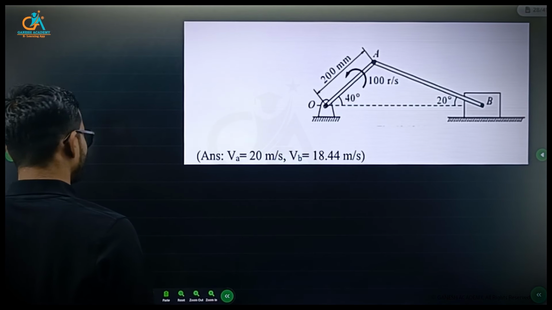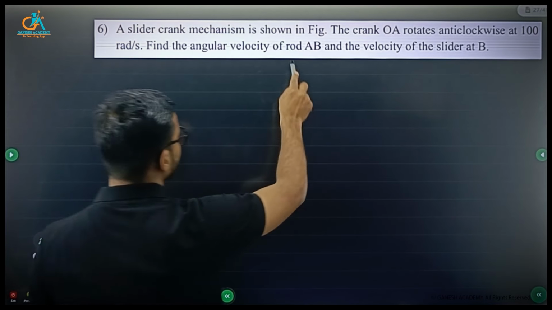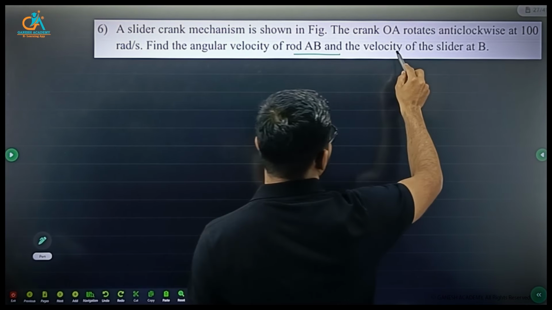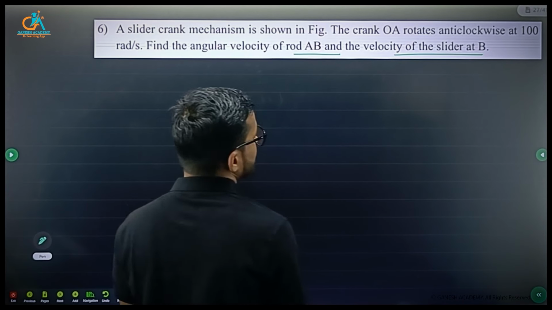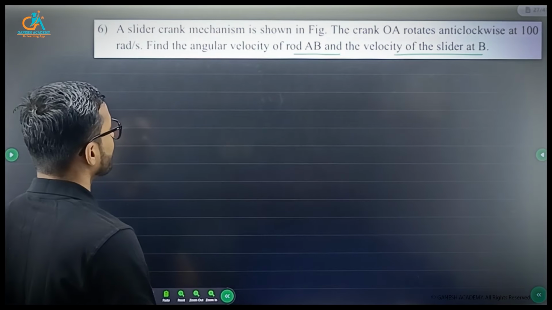So here we have to find the velocity of rod AB and the velocity of slider at B.